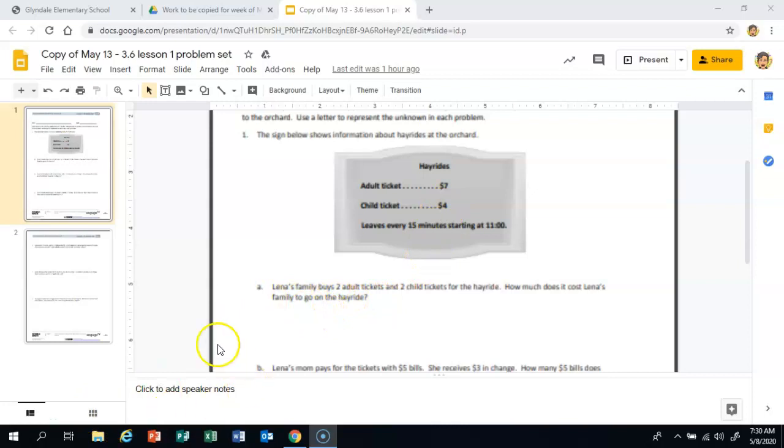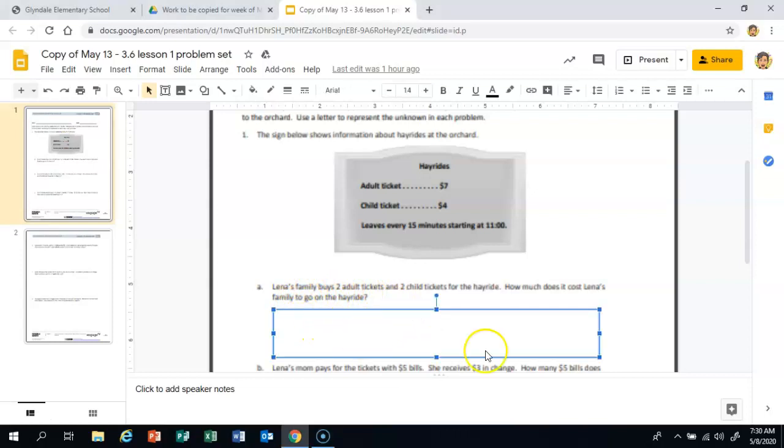So I'm going to want to type in 7 times 2 equals. Now we know that 7 times 2 equals what? Let's see. 7, 14.